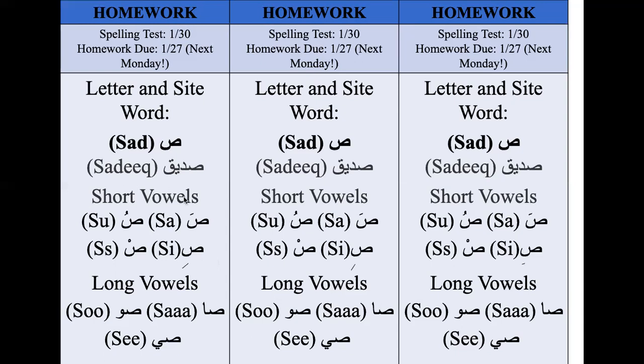Those are the short vowels. I do not give them to them in order. That is on purpose. It's to help them build their phonics skills so that they can put together a letter that they know, which is really what they focused on in pre-K and especially in kindergarten, being able to recognize the letter in its singular form, so that they can blend the letter with the short vowel.